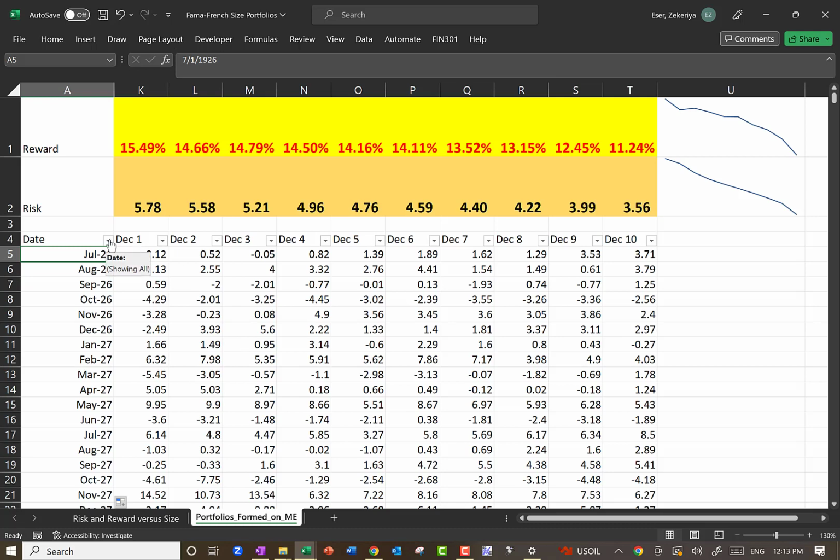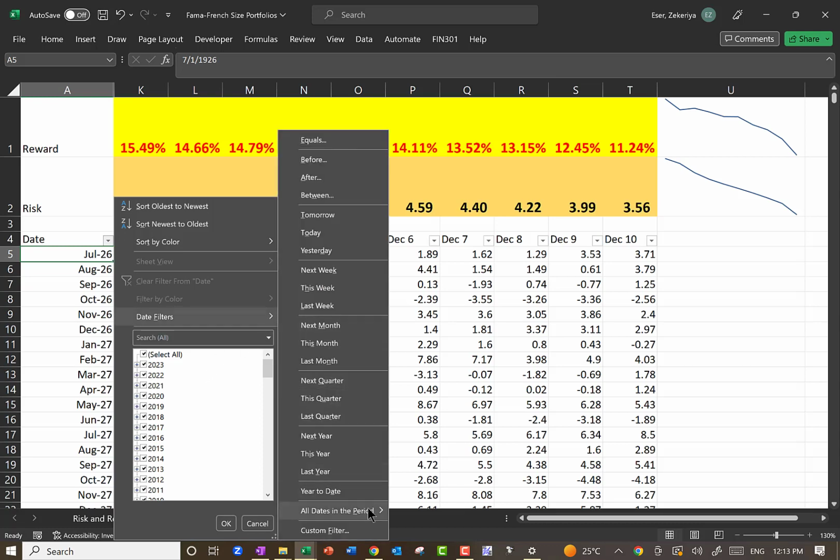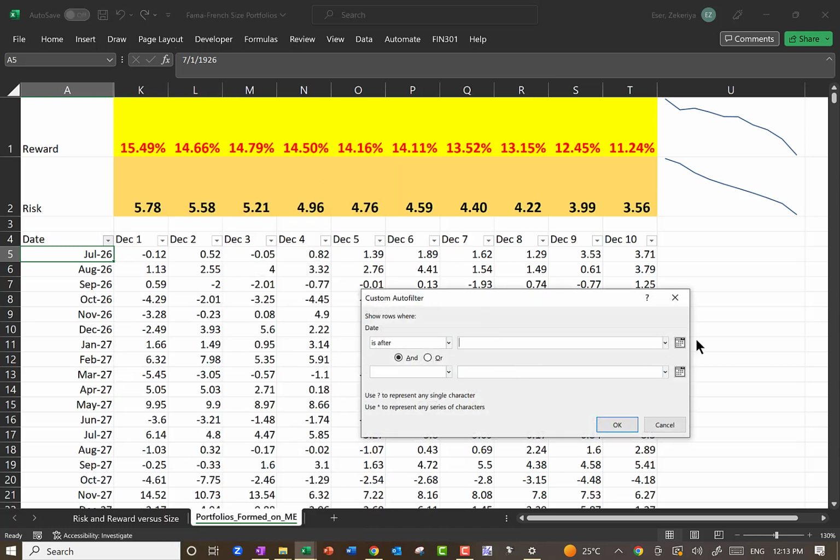So let's look at these numbers based on, let's do a date filter. I'm going to look at after 1975.